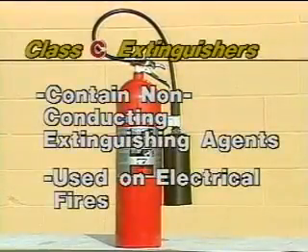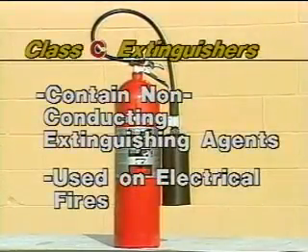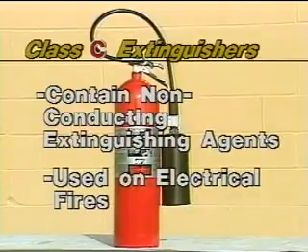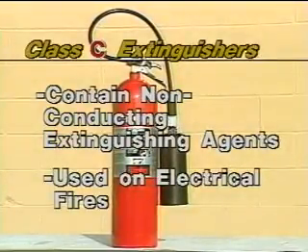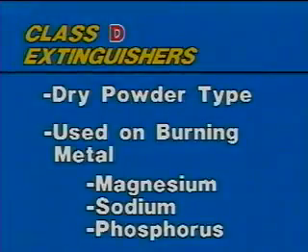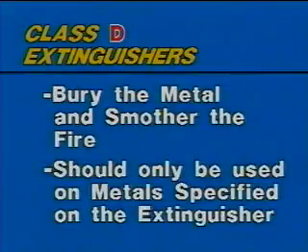Class C extinguishers contain extinguishing agents which are non-conductors of electricity and are used on electrical fires. Class D extinguishers use dry powder and are used on specific types of burning metal such as magnesium, sodium, and phosphorus. These extinguishers essentially bury the metal and smother the fire.